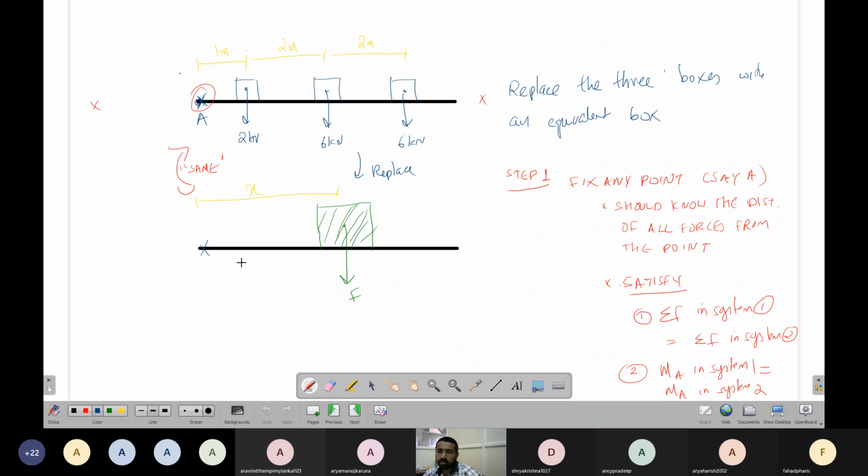This is also similar to a couple: force into distance. So it is as if there is a couple here.